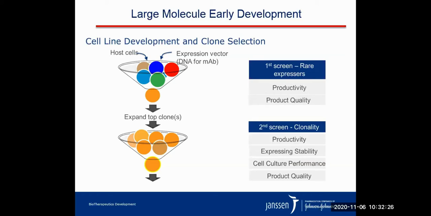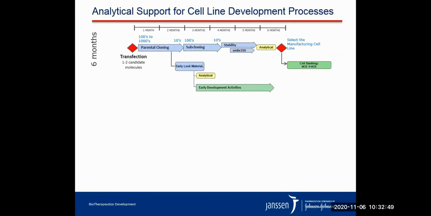Single cells are next plated by isolating clones from pools using a process known as VIPS, or verified in situ plate seeding. These single cell clones are then expanded to 96 deep well plate screenings, fed batch shake flask screenings, and final Ambr bioreactor screenings to finally select the top clone. The entire process takes 6 months from transfection to selecting a manufacturing cell.